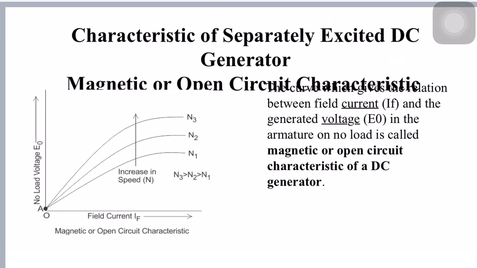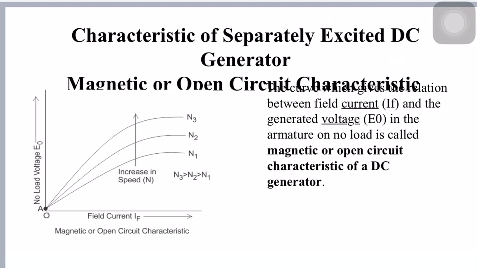Next point, after some time, or if we change the field current, then the curve is linear. Observe in the diagram, for one speed, that is N1, after the starting point it is changing linearly. The curve is linear.